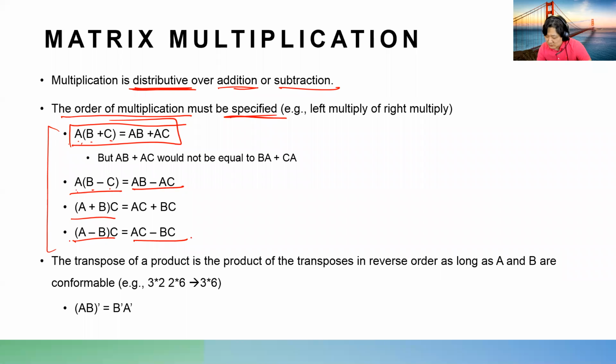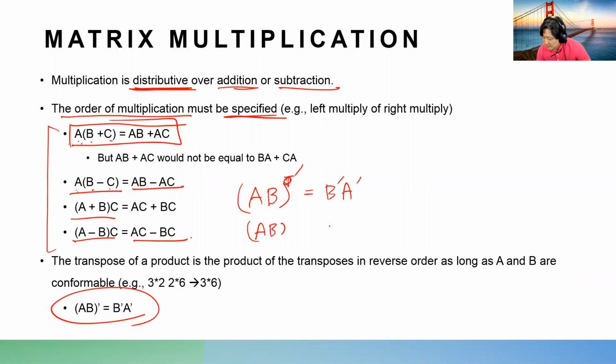These relationships, okay. And then also, if you transpose the AB matrix, there will be B transpose and A transpose. Okay, so this is not equal.